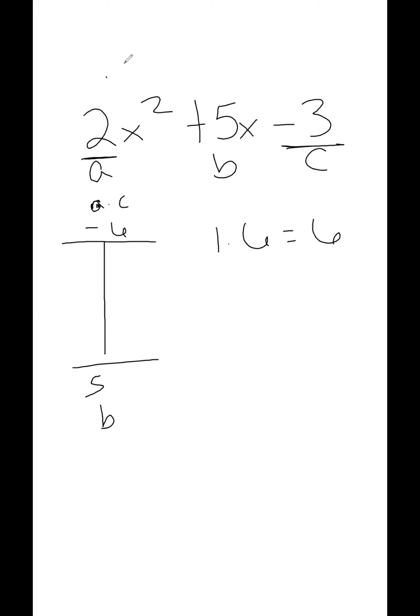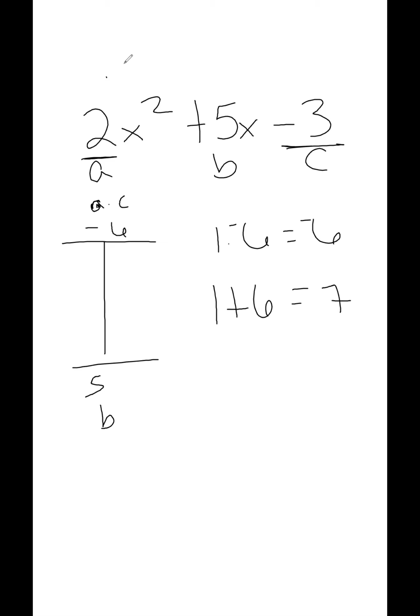Or I can turn this into a -6 and make this a -6. So that works as far as multiplication. But then I need to say, okay, 1 plus 6 is 7. Well, that won't work. However, I can make one of these negatives so that it does work.